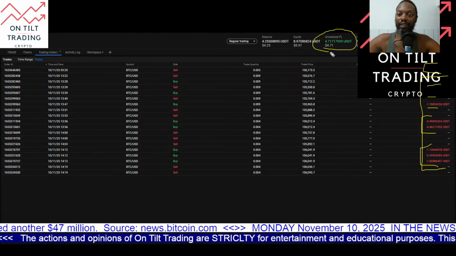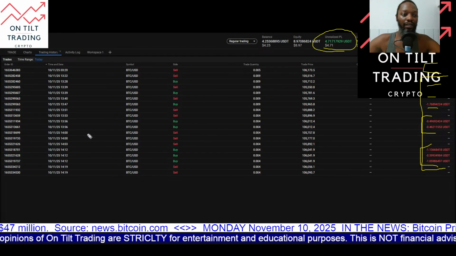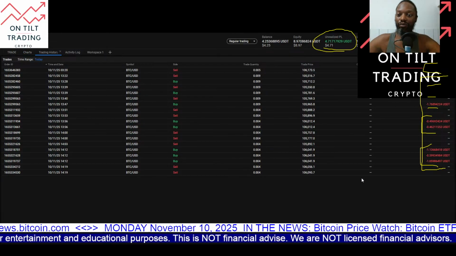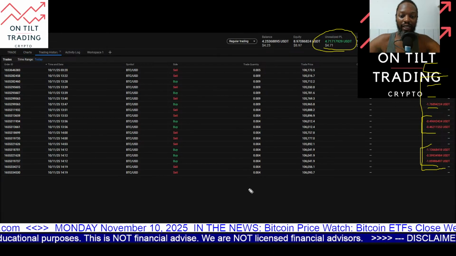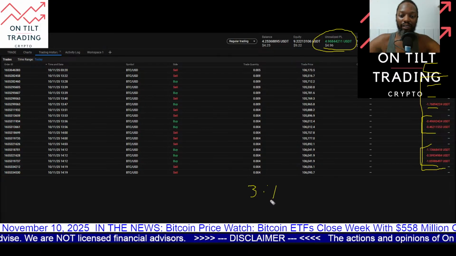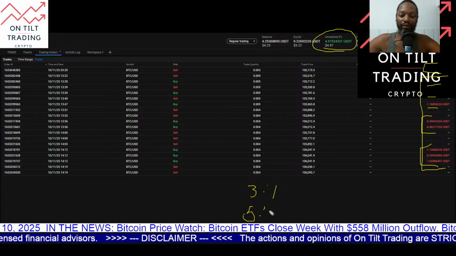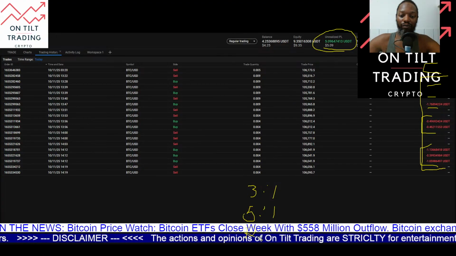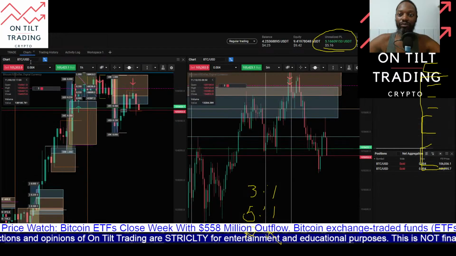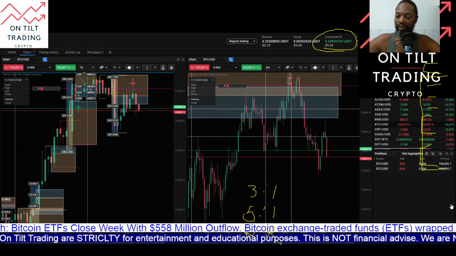Currently collecting some USDT with the current position after retesting, now redelivering to the sell side again, and the two positions that I have are coming in at 3-to-1 and 5-to-1 reward to risk ratio. So I would be able to recover my losses fairly easily.